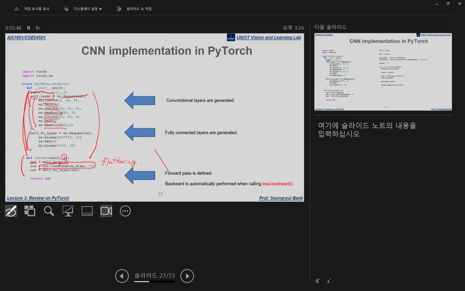Anyways, this is implementing the flattening operation. After the convolutional layers, the outputs are still in 2D space, but you have to flatten them into 1D, okay? That is implementing that. And then after doing that, you feed that forward to the fully connected layers, and that becomes the final output, okay? So when implementing CNNs, you always have this type of grammar, okay?